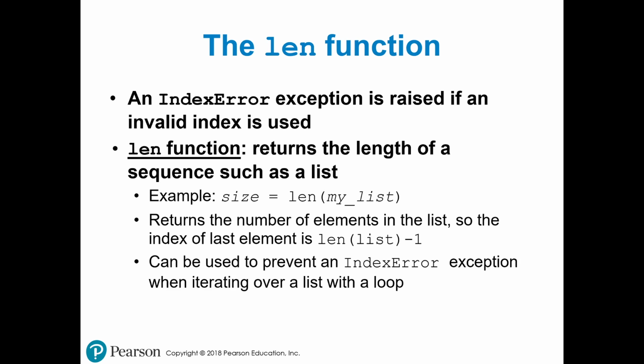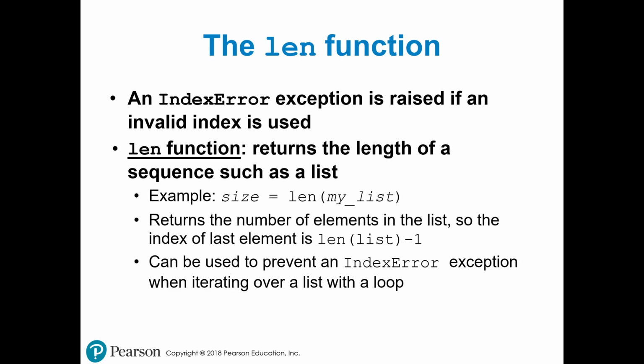We talked about exceptions already, but you're going to get an index error exception if you use an invalid index. So if, let's say your list has 15 items in it, and you go list bracket 15, that's actually the 16th element of the list. You're going to get this index error exception.